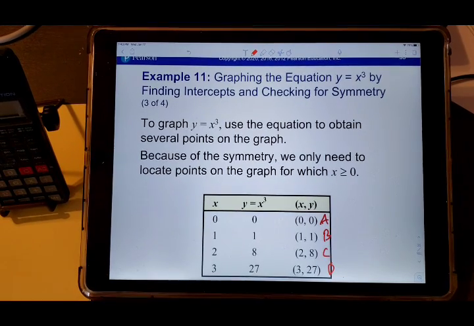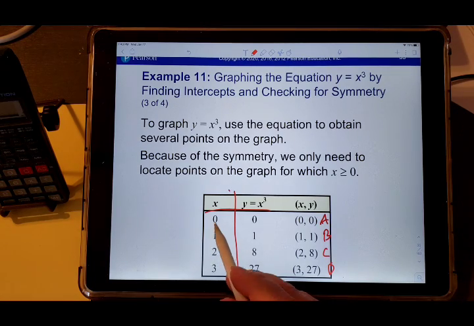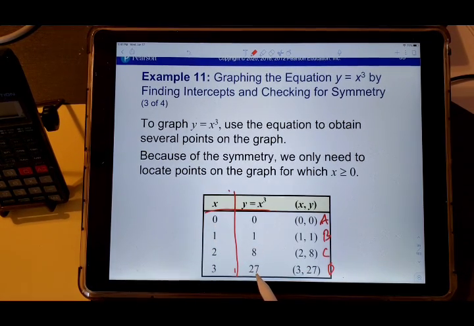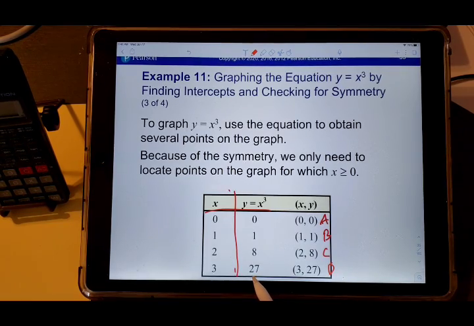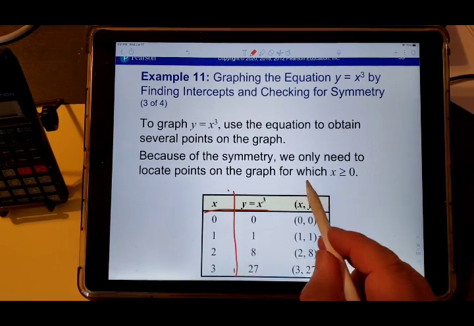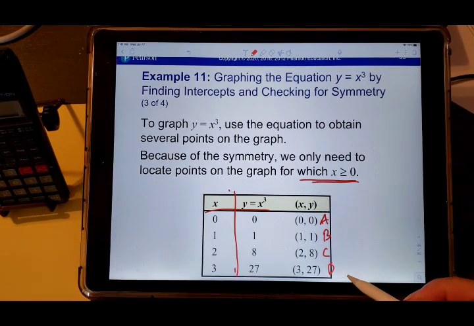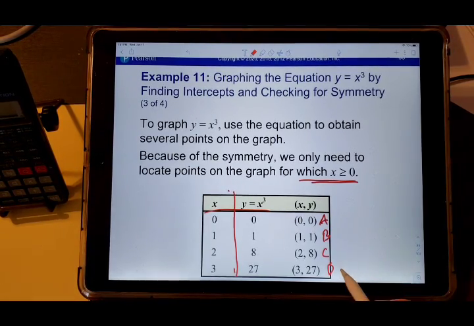So they made the graph, the table, which I would normally just write this way. You pick your x values, calculate your y values, and notice what they're not doing. They're not putting negative values in for x. And the only reason they're doing that is they're just picking positive values for x because we know a secret about symmetry.